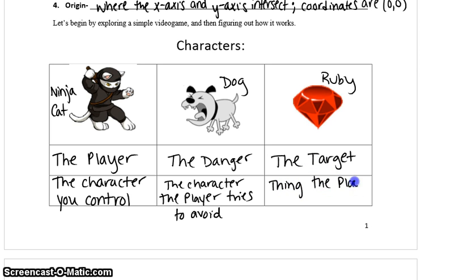Specifically, it's the thing that the player tries to collect or catch. So those are the 3 characters in our video game. What I want to show you now is the actual video game that uses these 3 characters. On the next page in your packet, you're going to be writing down the actual things that you see in the video game, and we're going to talk about what's changing about each of those things.